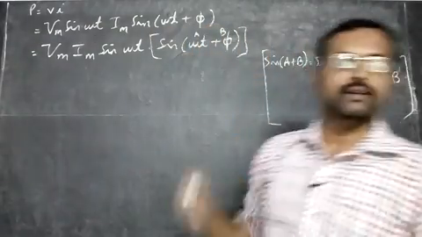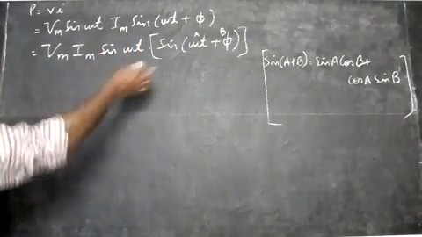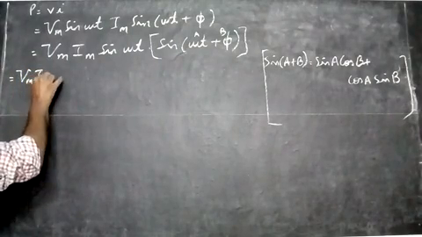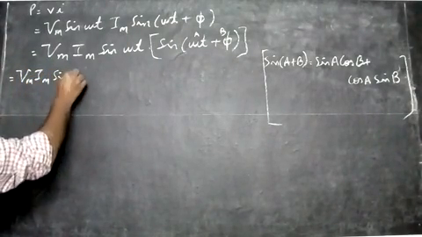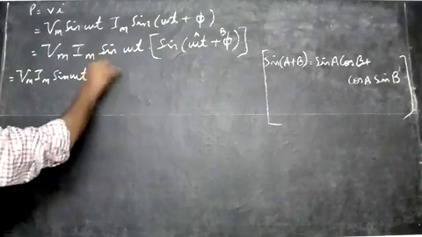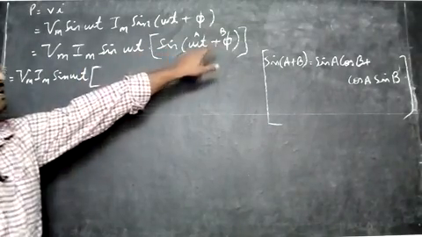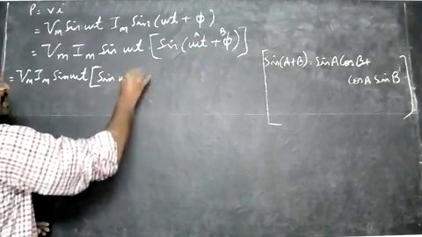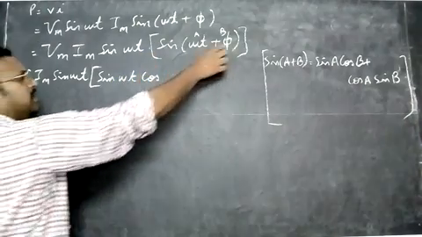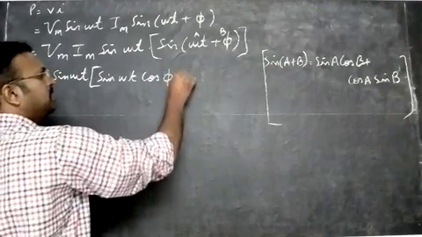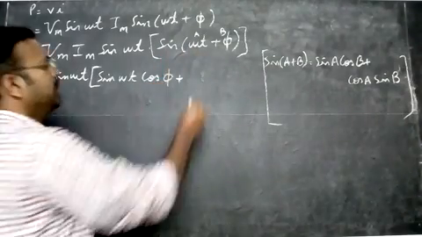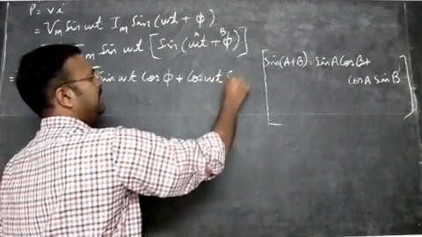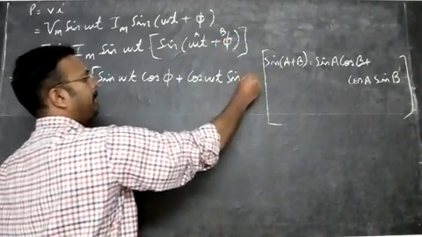Let us write this down and substitute. So what you get is Vm Im sine omega t into this term, sine A cos B. Sine A is omega t, cos B is cos phi, plus cos A sine B, that will be cos omega t, and then the sine B term is sine phi.